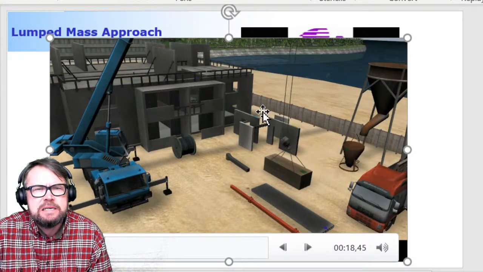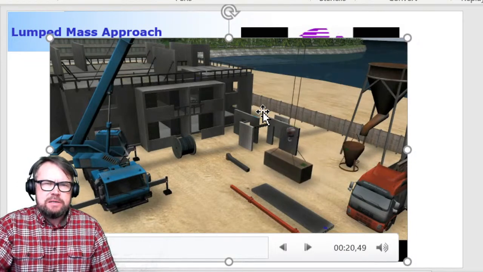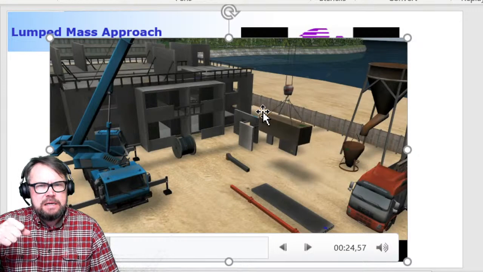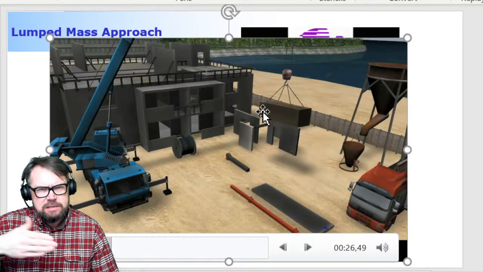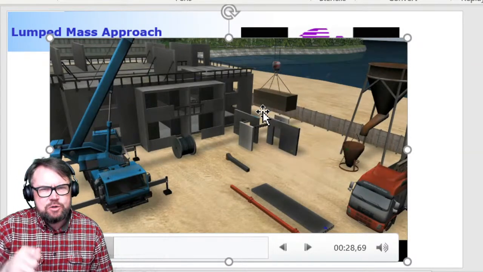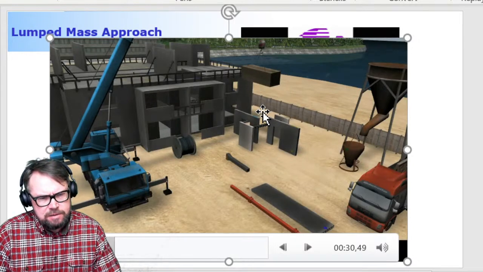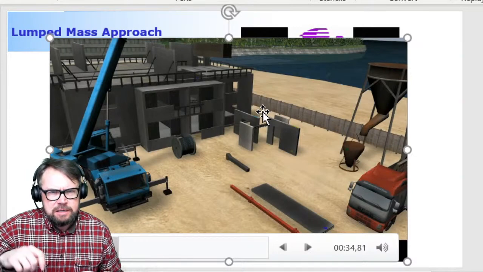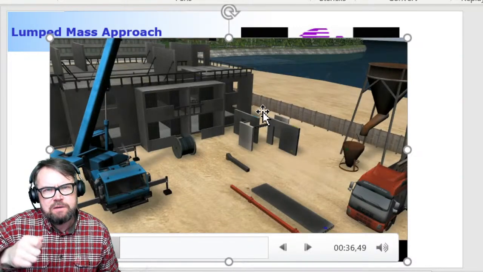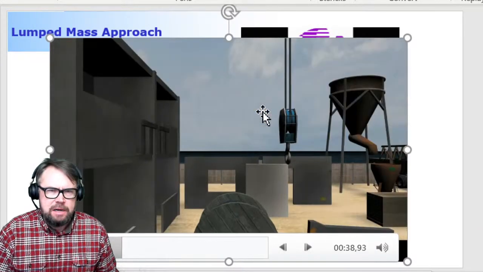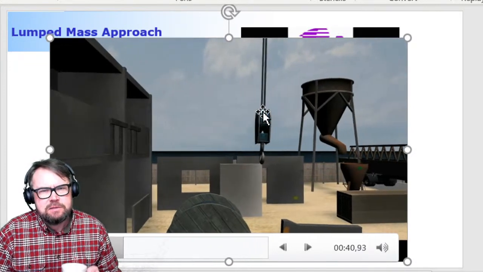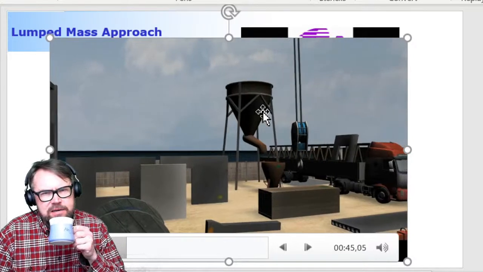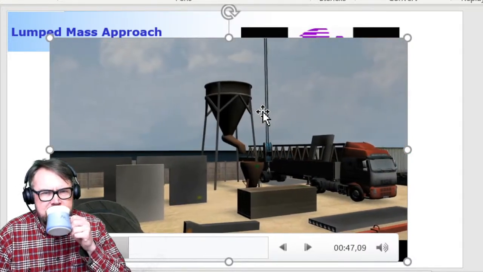The taut string effect is that when you introduce some pre-stress to your cable, its transverse vibration is affected because of that. Guitar strings are a good example of this taut string effect. When you're tuning the guitar string, you're basically affecting the natural frequency of the string. And that's what you can also see in the cranes, a little bit different concept, but still.